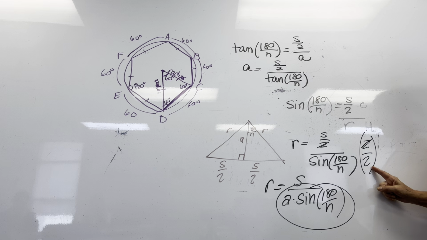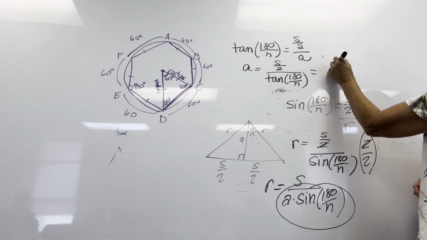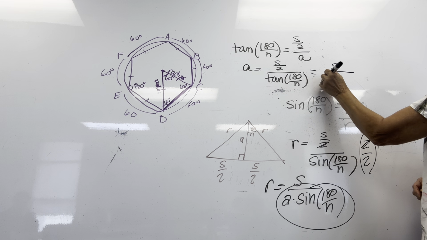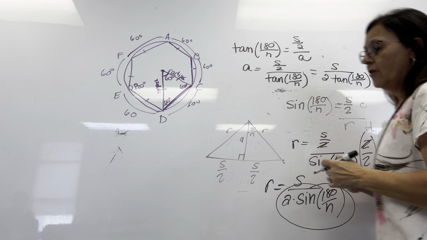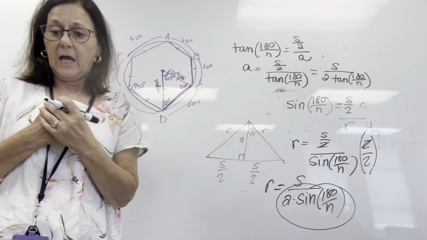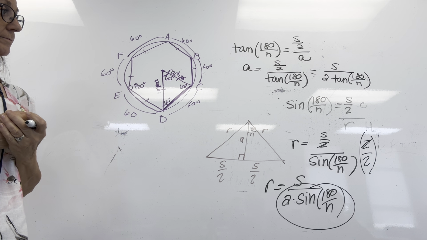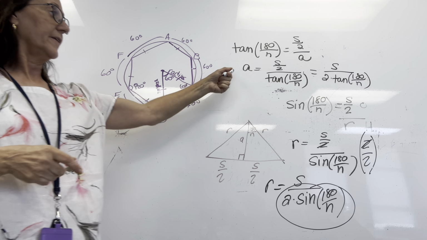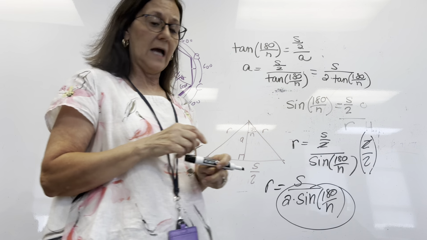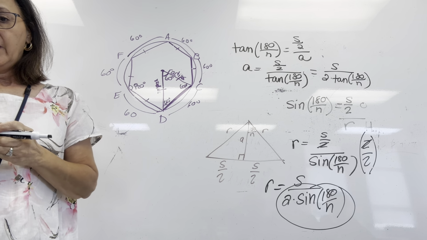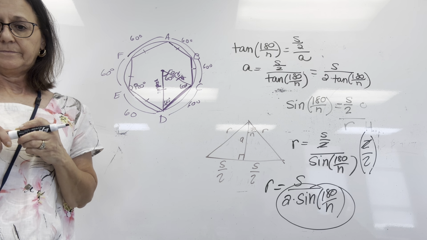Like we did here, I'm going to move the 2 to the denominator such that the apothem is the length of a side divided by 2 times the tangent of 180 over n, and that would be an equation for the apothem. Length of the side over 2 times the tan of 180 over n, the number of sides.